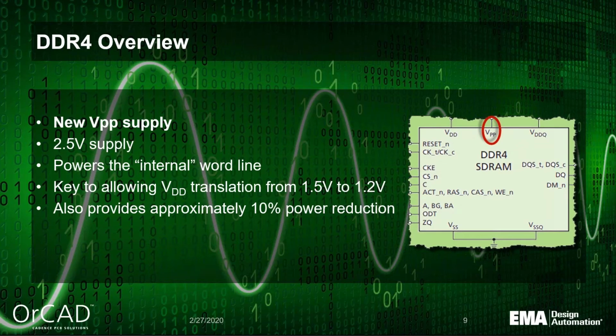It takes the high current requirements of the internal DDR4 operation, since it's not done that often, and offsets it to a different pin. That way your VDD pin can run at lower voltage without as high a current requirement, and that gives you approximately a 10% power reduction overall on the device operation. So that's one of the things that changed with DDR4.